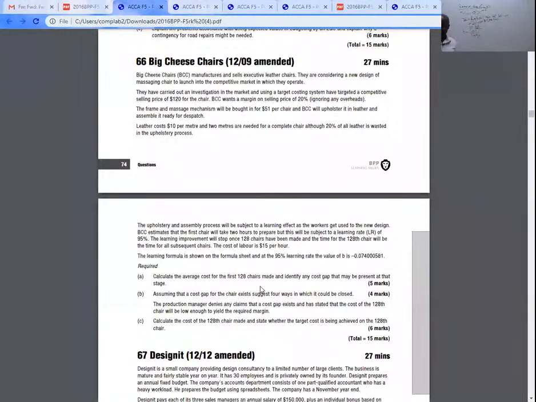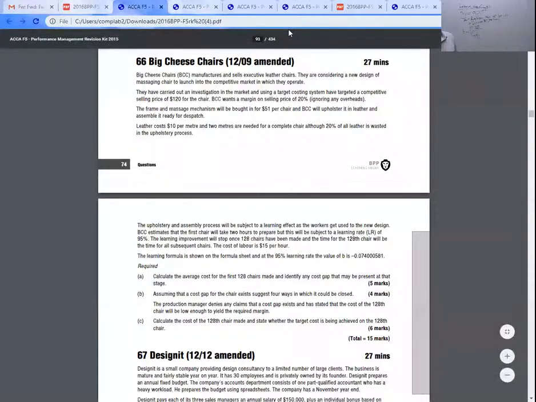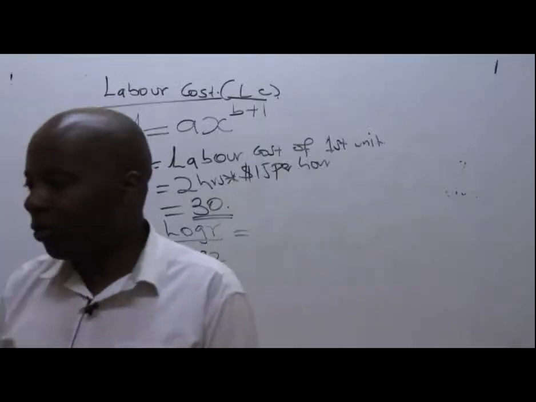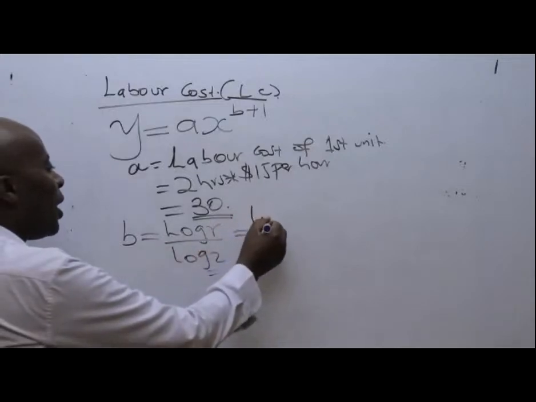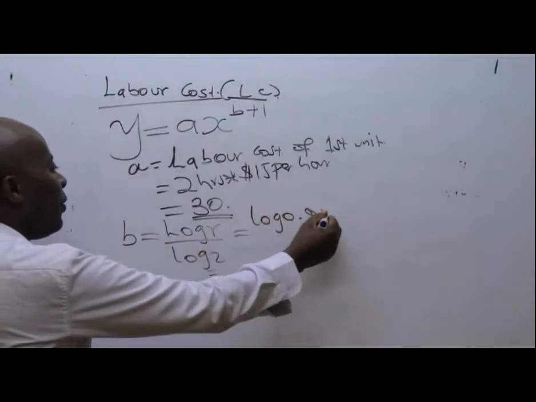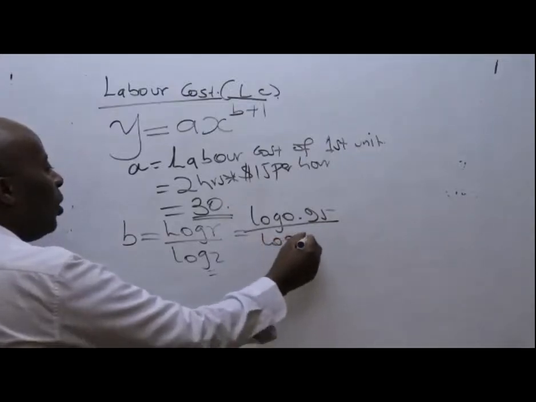Has this examiner given me the learning rate? Oh, yes. He's told me it's 95%. So we have log of 0.95 all over log 2.